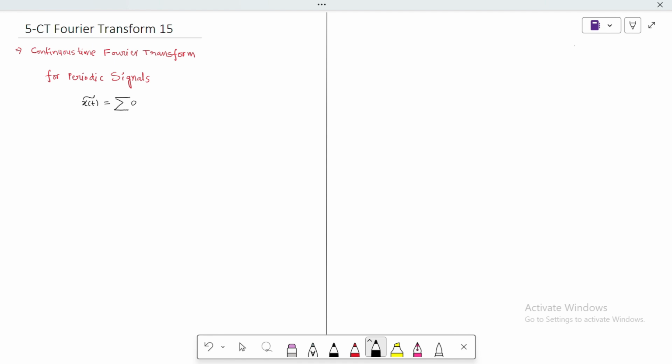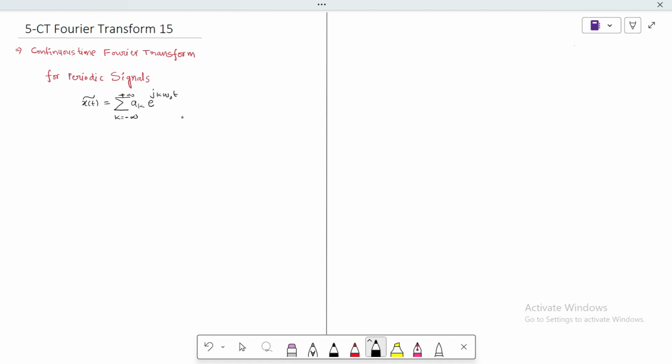Its Fourier series representation, you know, is the sum of ak into e power jk omega naught t, k from minus infinity to plus infinity. You know that, is it? For this case, the Fourier transform of this periodic signal.